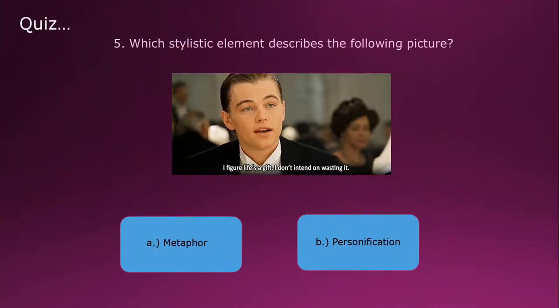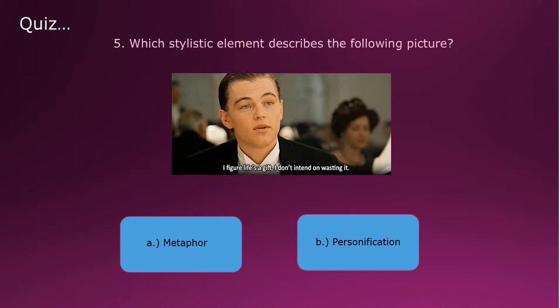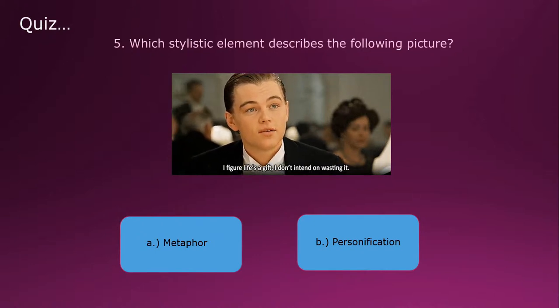And number 5. Which stylistic element describes the following picture? I figure life's a gift. I don't intend on wasting it. Is it A, metaphor, or is it B, personification? If you chose A, metaphor, you are correct.